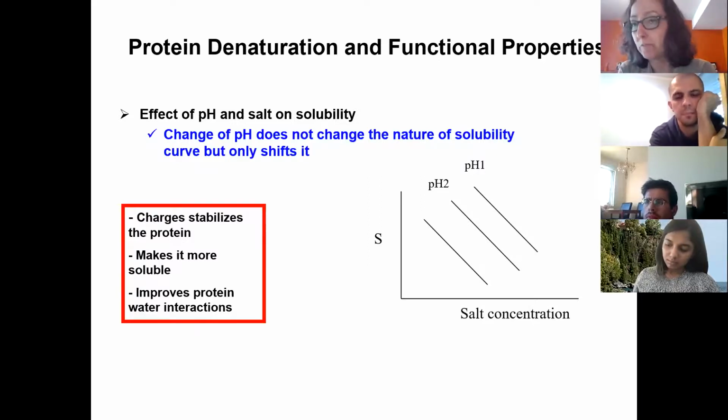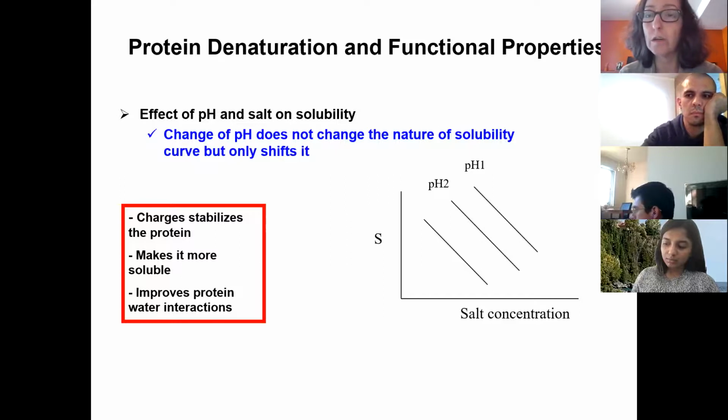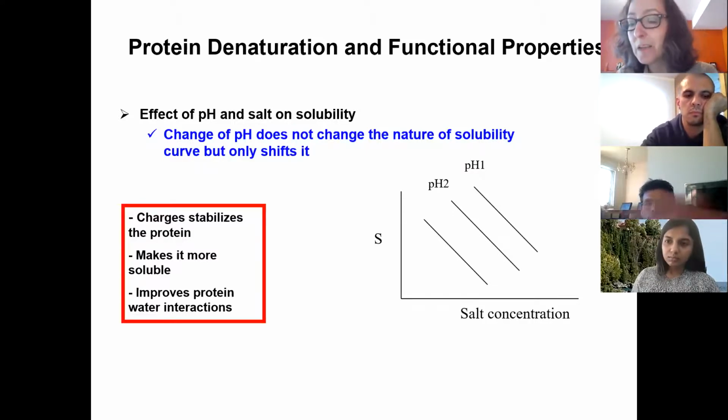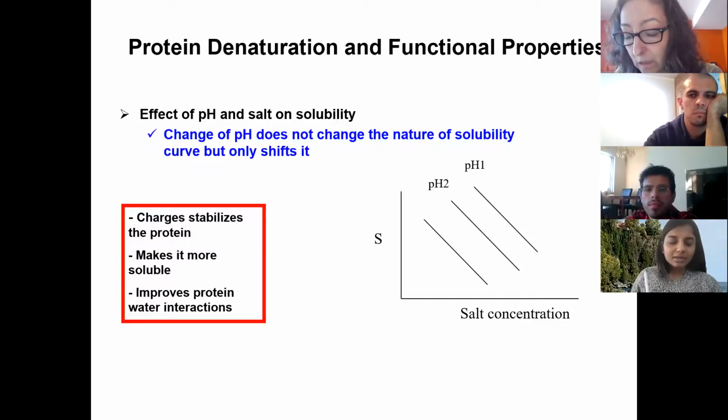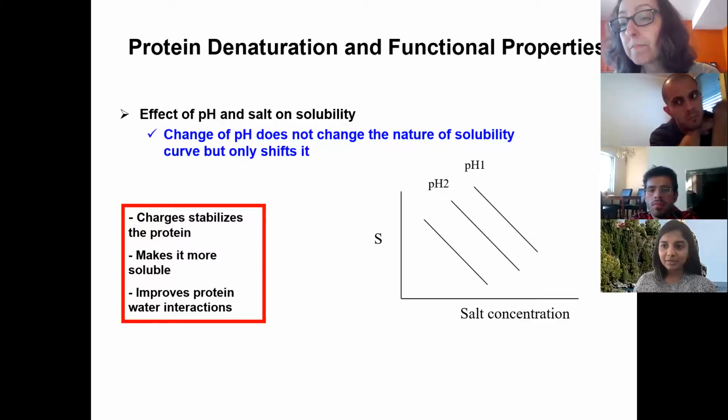So you have multiple factors that play a role. The steric hindrance is a big part of it too, but also the structure of the protein remaining kind of globular rather than open is also a big factor. So both.